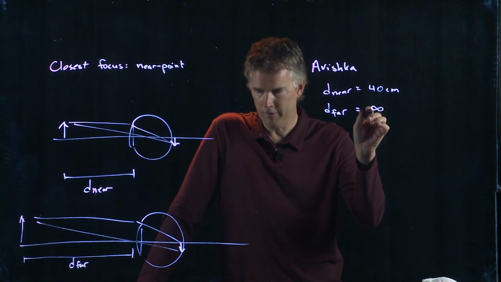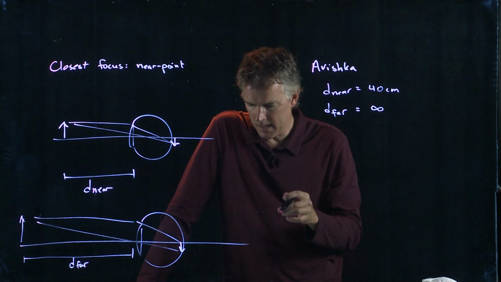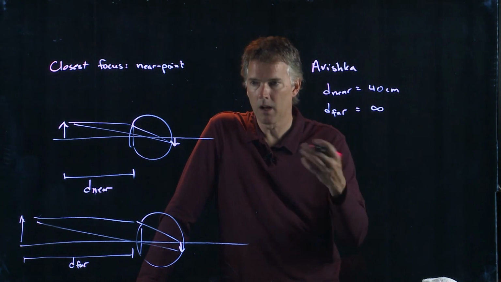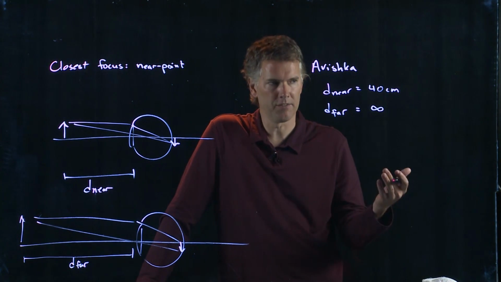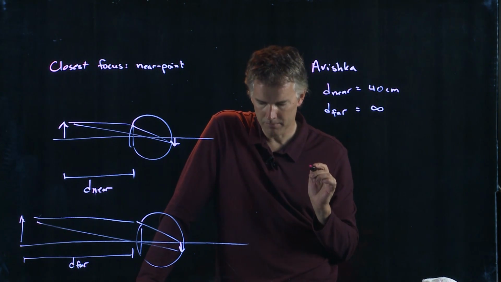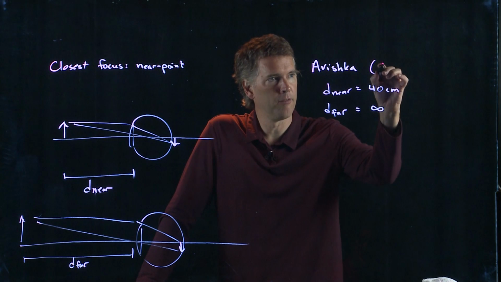If they can see out to infinity, then they are farsighted. Likewise, if they can't see anything close, then they are farsighted, not nearsighted, where the close point is about 25 centimeters. Okay, so this person right here is farsighted.